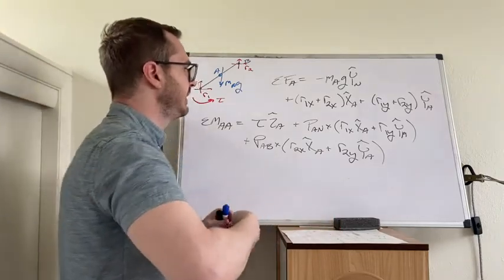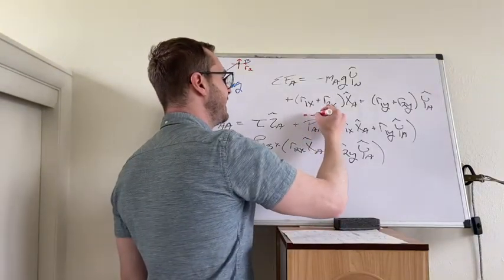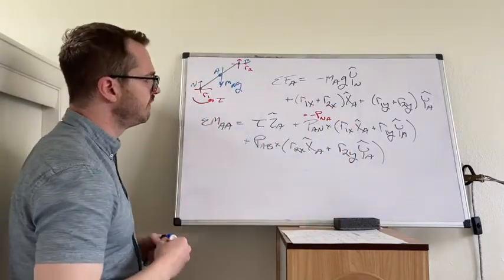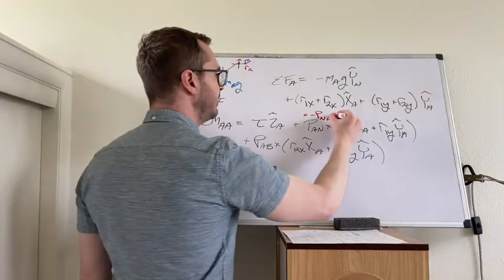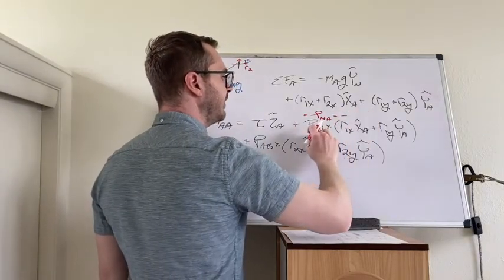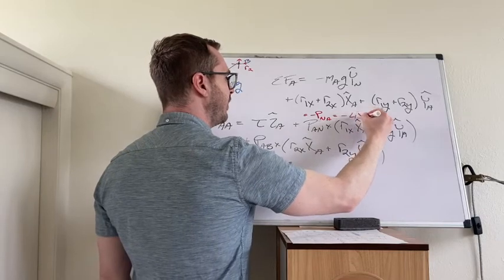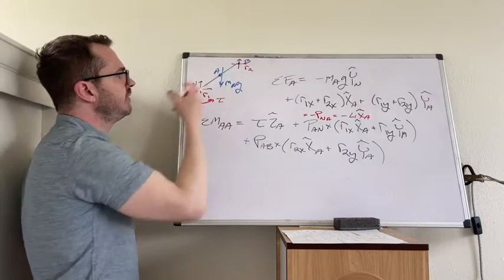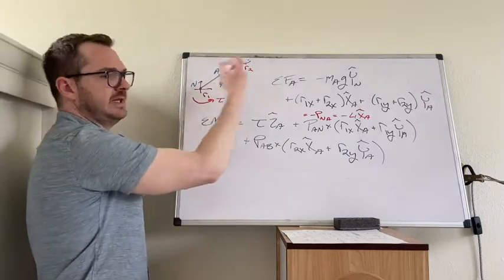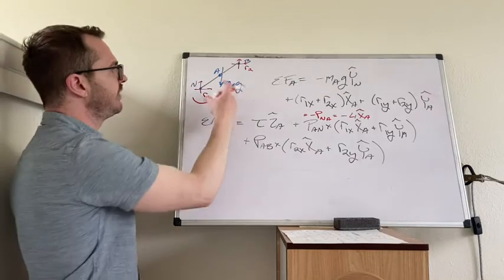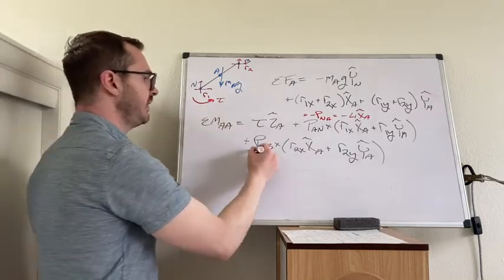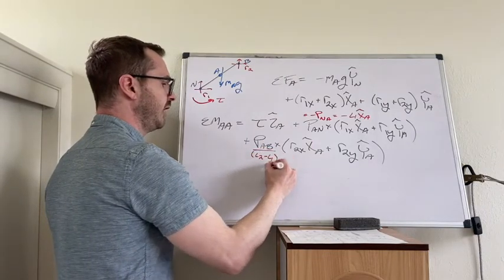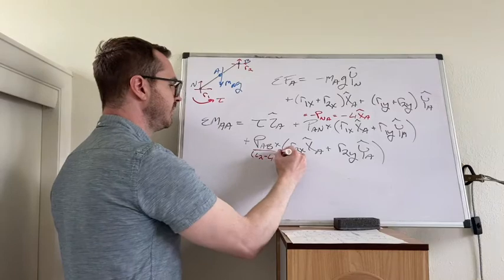A to N is equal to negative L1 x hat A. And then A to B, we did the distance into B as L2, and we said that maybe point A is not perfectly in the middle. That means the position vector from A to B is L2 minus L1 in the x hat A.